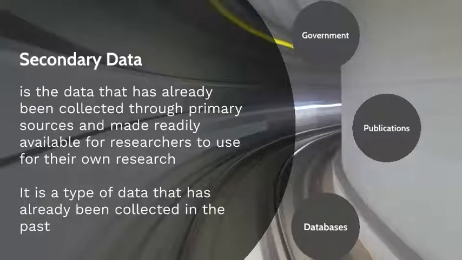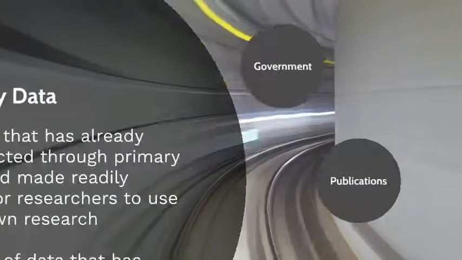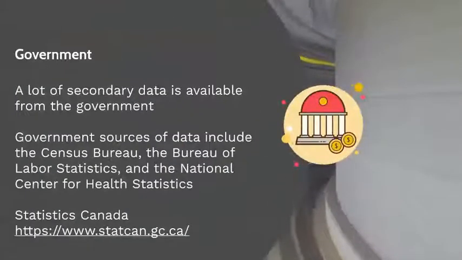And as the main source of secondary data, you can mention government. Lots of secondary data is available from the government, like information from the census bureau, or labor statistics, or health statistics. In Canada, we have the example of Statistics Canada.